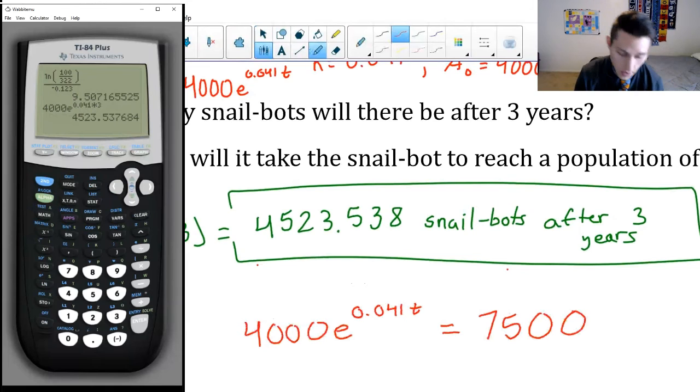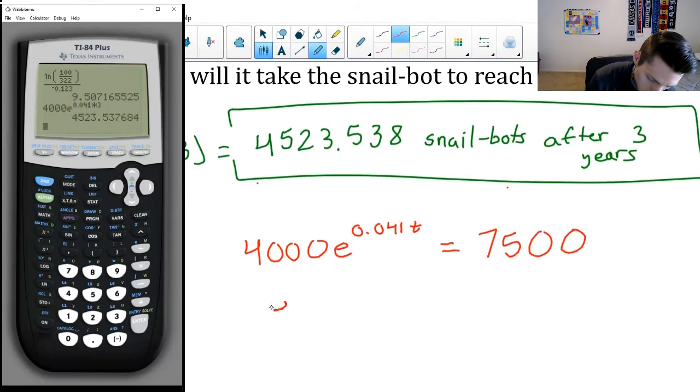Again, we're not plugging in 7,500. We're setting the equation equal to 7,500. That way we can solve for t, figure out how much time.